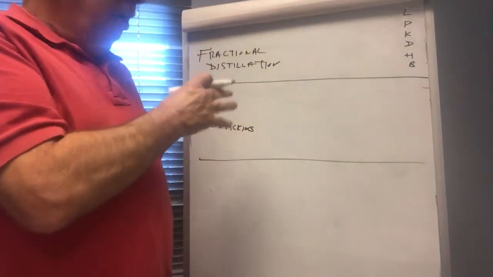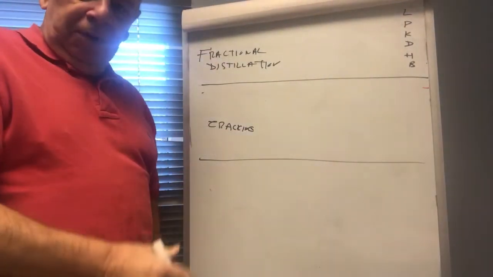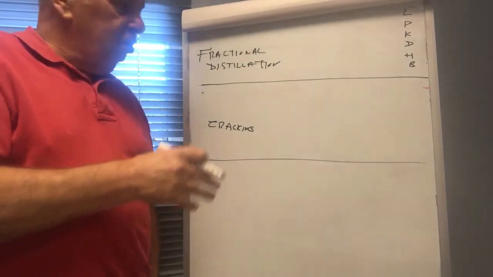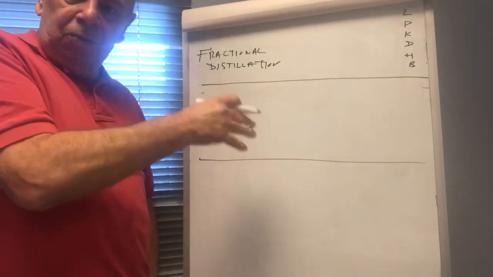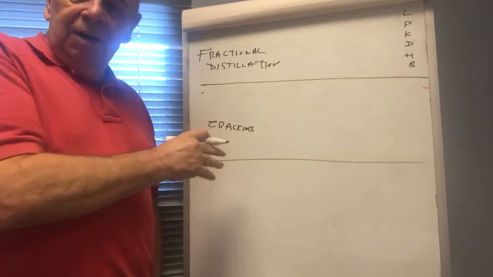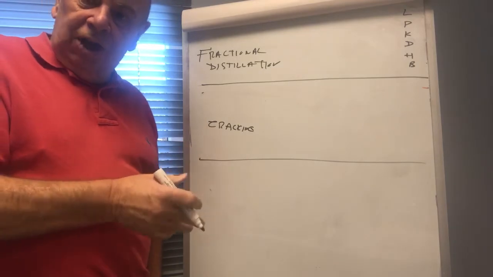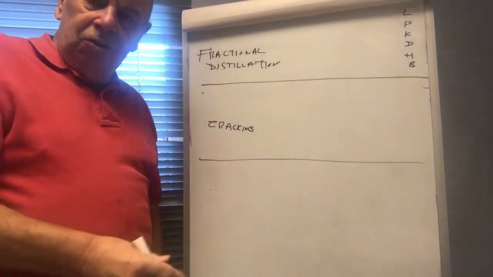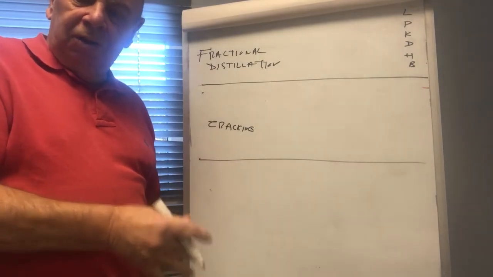Fractional distillation is simply breaking down or separating the contents of oil into smaller fractions. And cracking is taking longer chained hydrocarbons and splitting it up into smaller hydrocarbons.